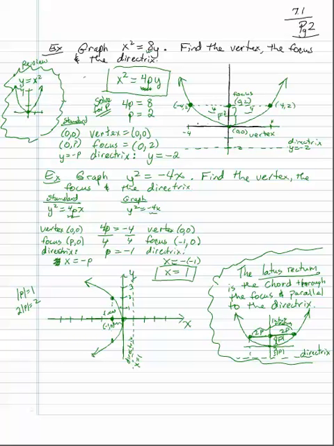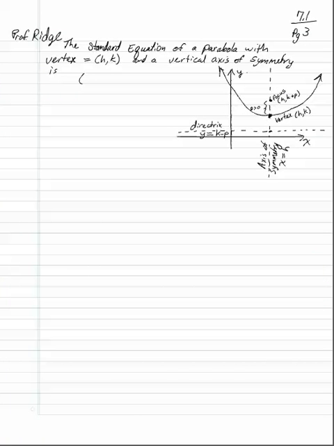Okay, so now let's talk about moving the vertex. The standard equation of a parabola with vertex (h, k) and vertical axis of symmetry is (x minus h) squared equals 4p(y minus k).